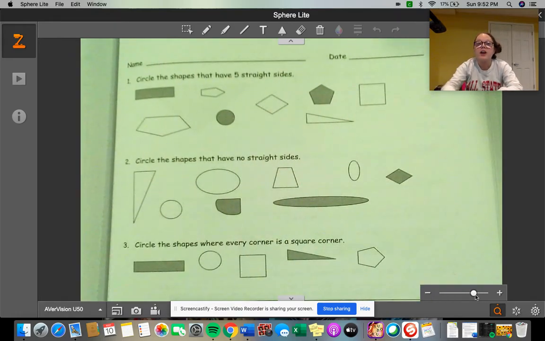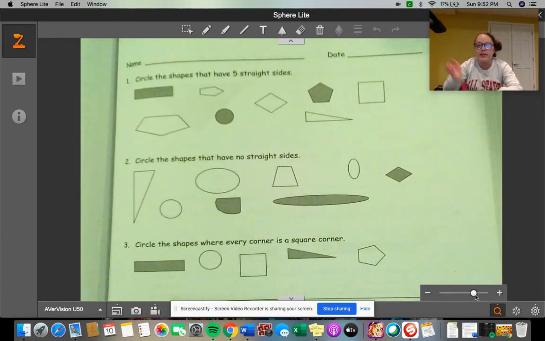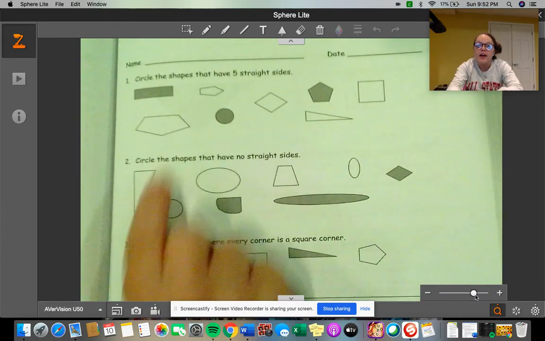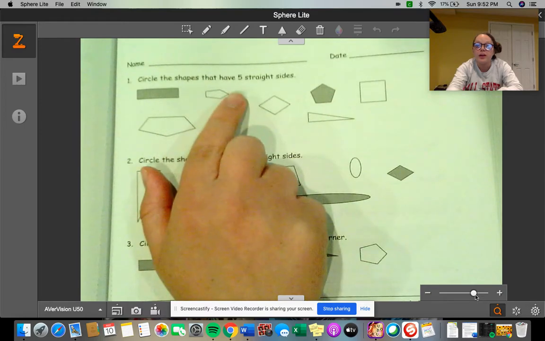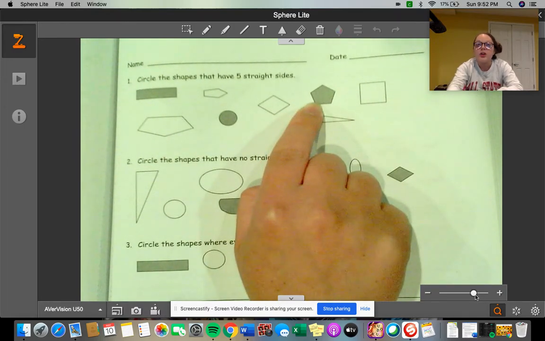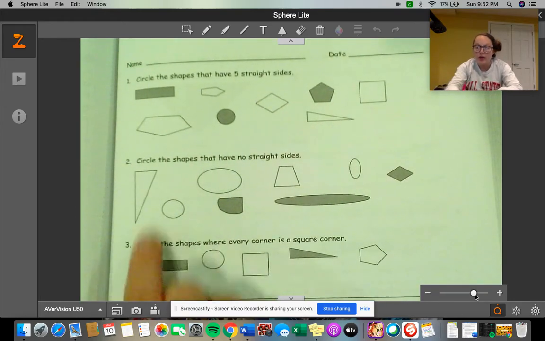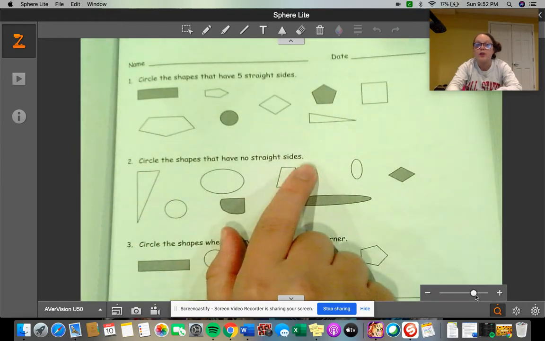So that is how you would look. You can count the sides to make sure that you can find the ones that they're asking for. And so this shape, and this shape, this shape would be similar because they all have 5 sides. Now, this says circle the shapes that have no straight sides.